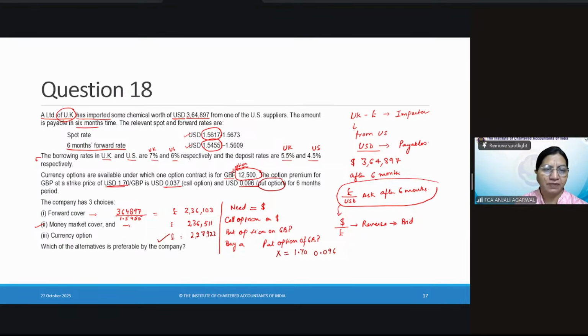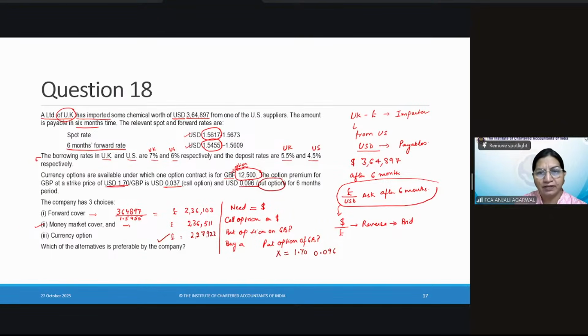That means the pound is at premium and you have to pay fewer pounds to get the dollars. You are getting more dollars per pound. Further, the benefit in currency option is that if the pound goes to a further premium, 1.75, 1.8, then also you will stand to gain far more as compared to the forward market or money market cover. So currency option is the best case here.